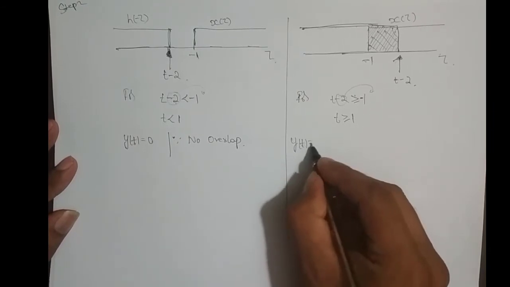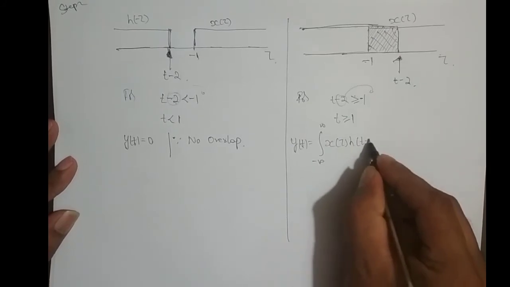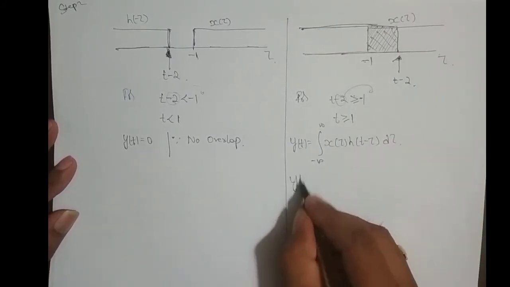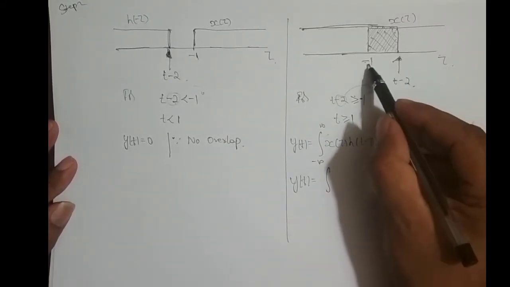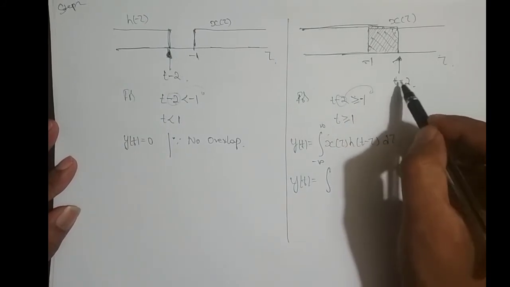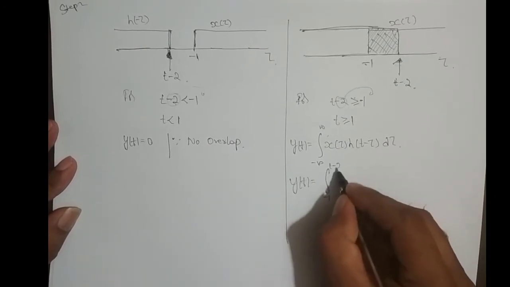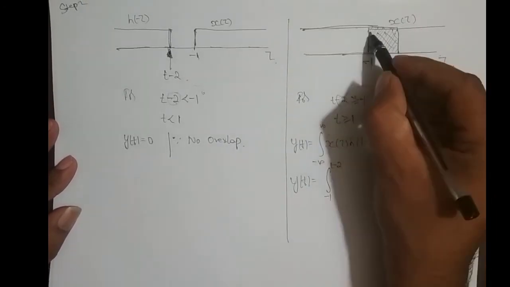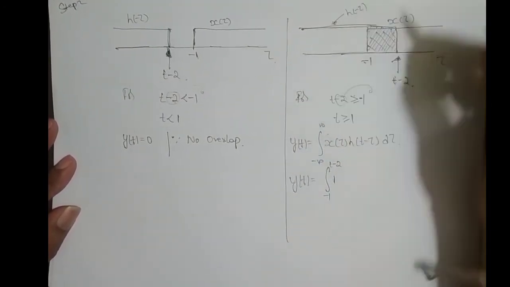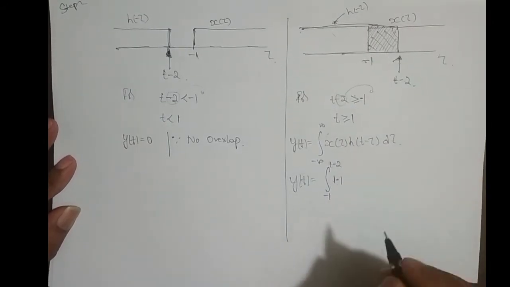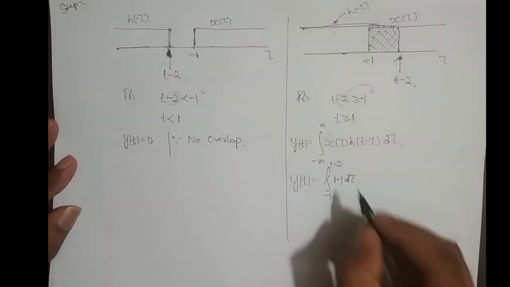What is y of t? Y of t is the integral from minus infinity to infinity of x of tau h of t minus tau d tau. The integration range is the start and end of the overlap region: the overlap starts at minus 1 and ends at t minus 2. What is x of tau? Amplitude is 1. What is h of minus tau? Amplitude is also 1, since both are unit step functions. So we are left with d tau, and integration and differentiation cancel out.